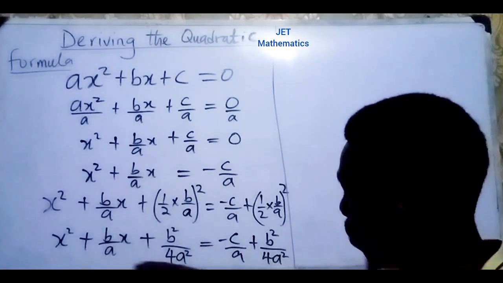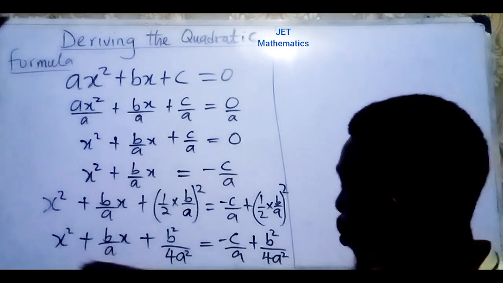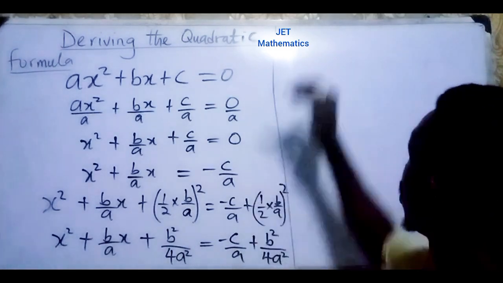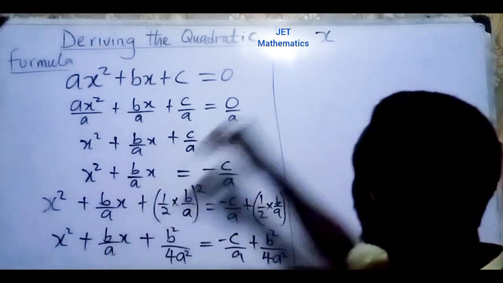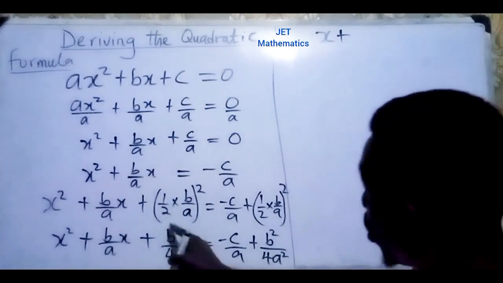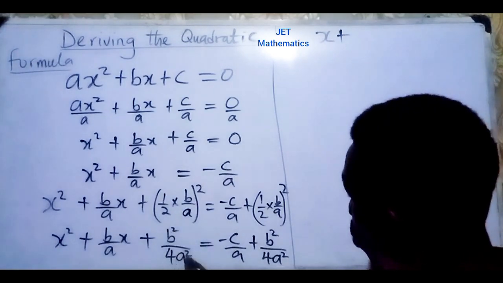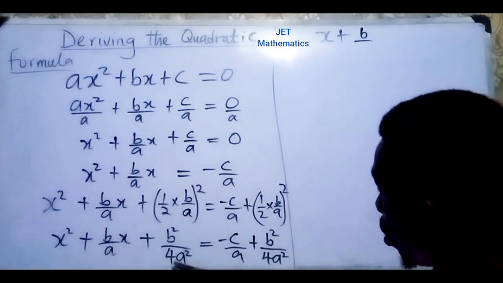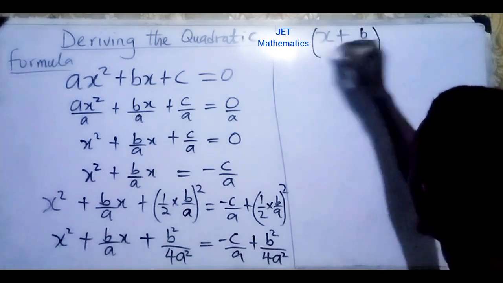Then the next thing we need to do is factorize this. Here it's not a perfect square, so we are going to factorize it. To quickly factorize this, you take x, take the sign here, plus, and the square root of b squared over 4a squared, which gives us b over 2a, all squared.